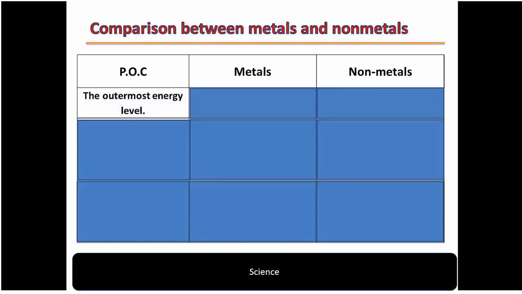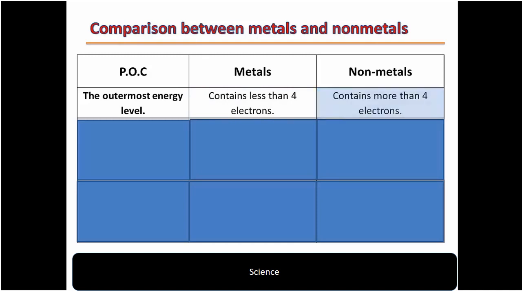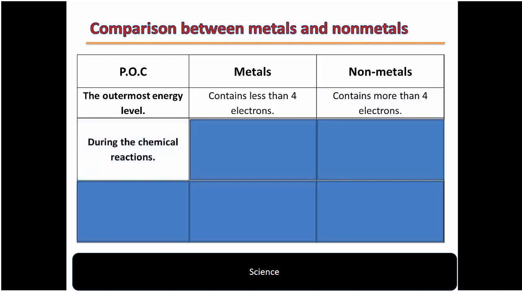The first point of comparison is the outermost energy level. The outermost energy level in metals contains less than 4 electrons, but in nonmetals it contains more than 4 electrons and less than 8 electrons.